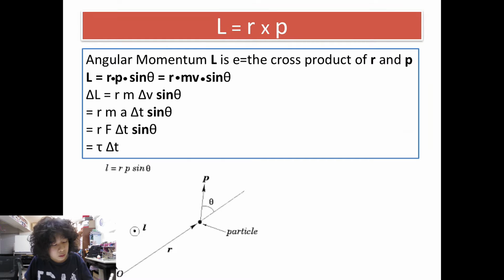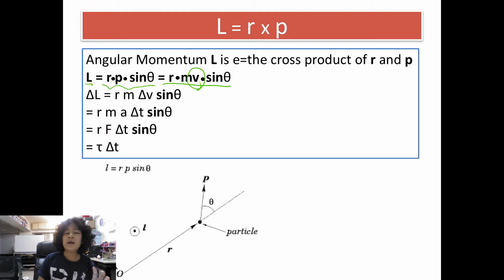Now you can see L equals R P sine theta, and remember P equals mv. So delta L equals R m delta v sine theta, and delta v is equal to a times delta t.